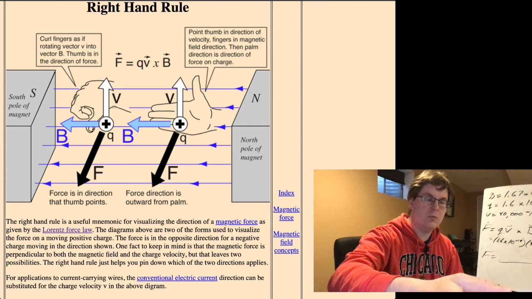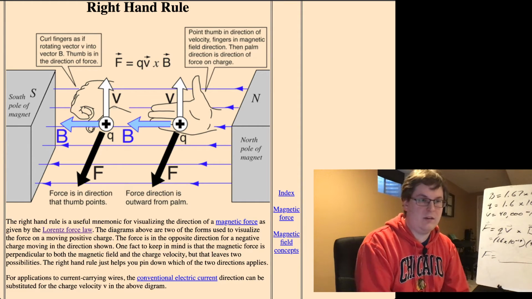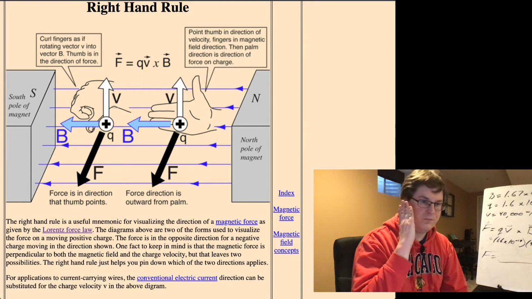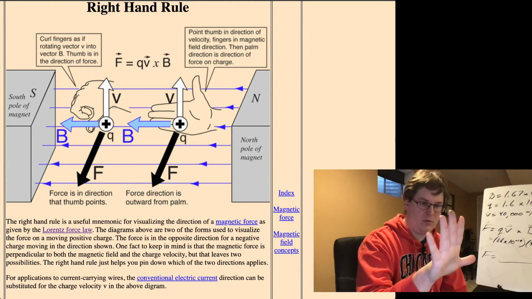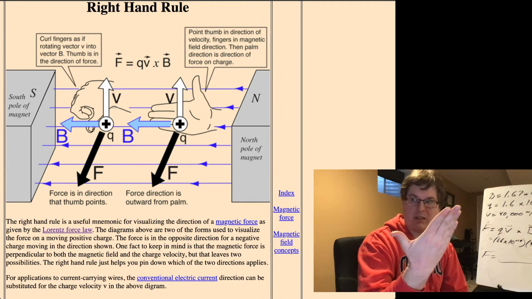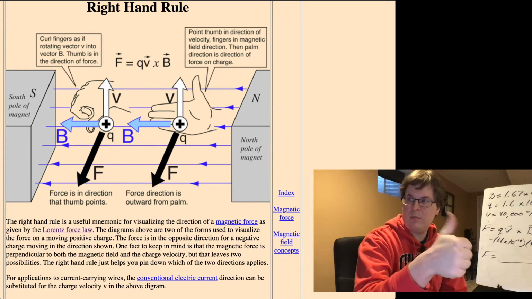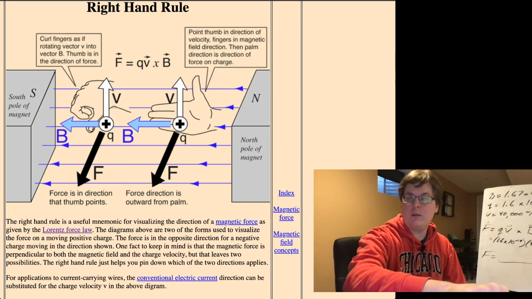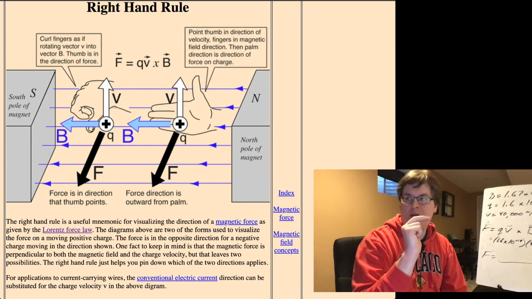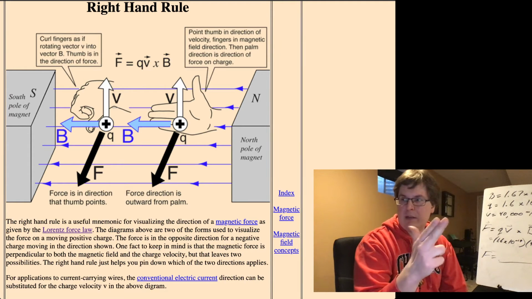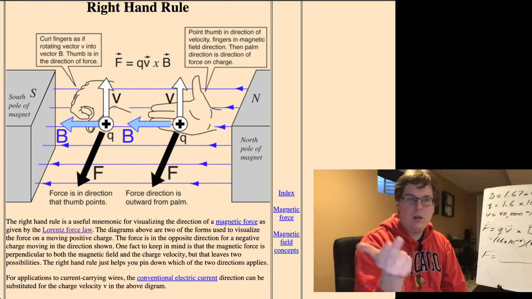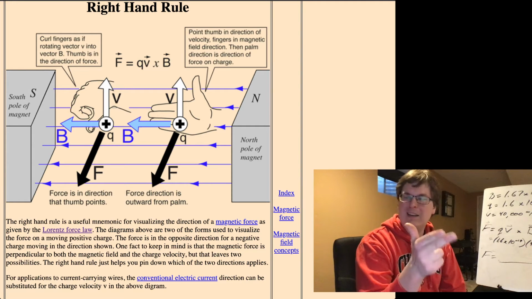I like to use the one on the right-hand side of this screen, where your hand is going to get split up essentially into 3 different parts. So there's your thumb. This is going to be one vector. There's your fingers, kind of like if you were making a finger gun. That's going to be the direction of the magnetic field.